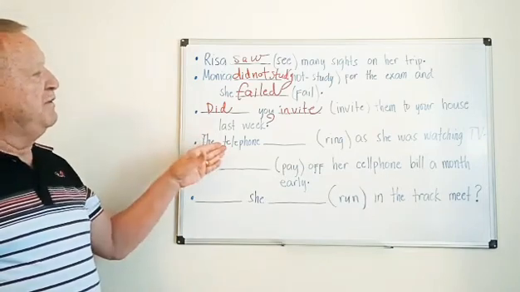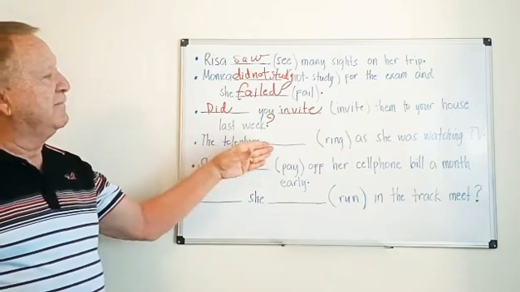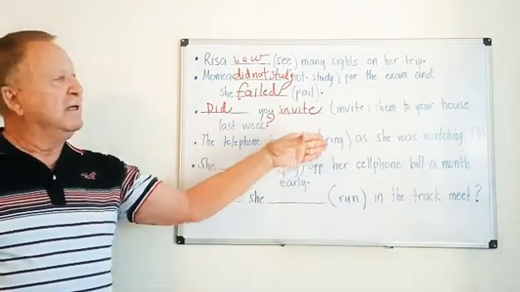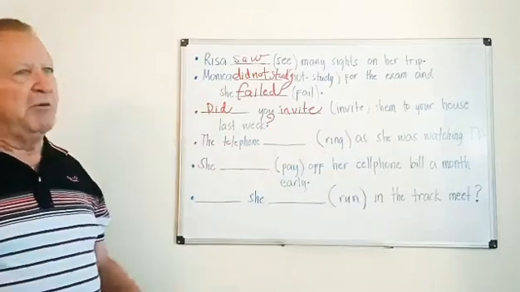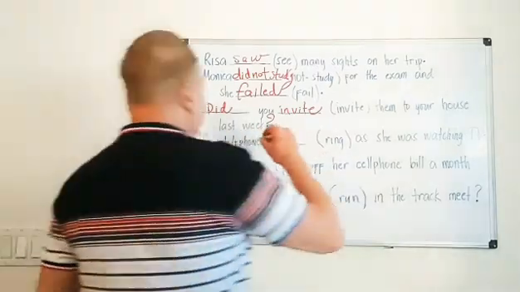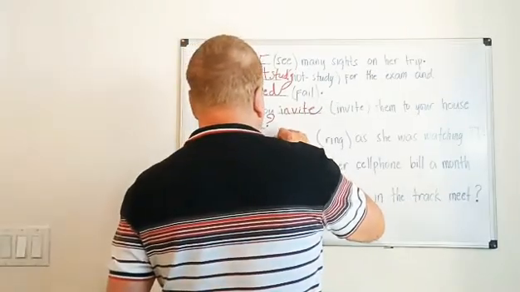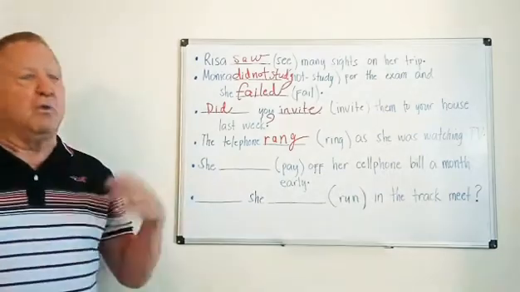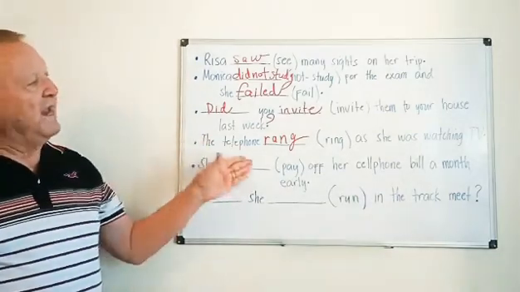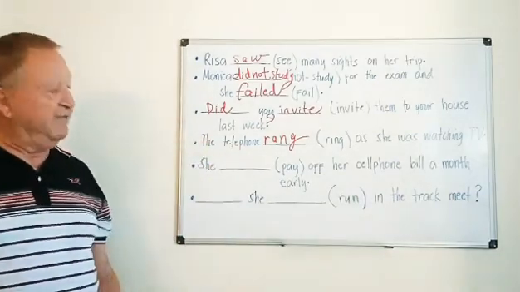The telephone, blank, ring as she was watching TV. So this is a simple one. It's an irregular, and the past tense of ring is rang. The telephone rang as she was watching TV.